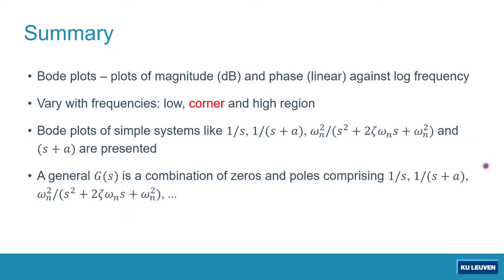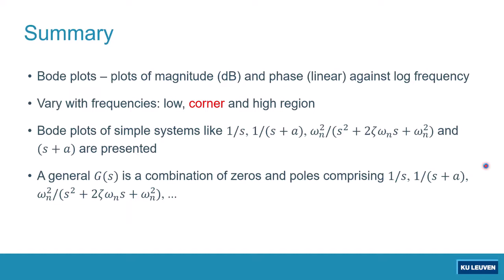Both plots, either for magnitude or for the phase, will vary with the frequencies. They will vary at low frequency, at a corner frequency, and at the high frequency regions.